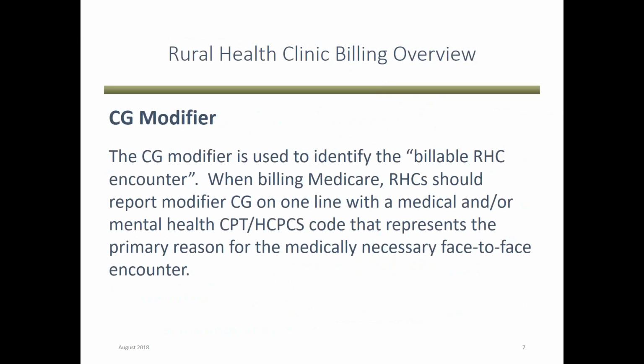The CG modifier on the UB04 claim form is used to identify a billable rural health clinic encounter. When billing Medicare, rural health clinics should report the CG modifier on one line with a medical and/or a mental health procedure code to represent the primary reason for the medically necessary face-to-face encounter.